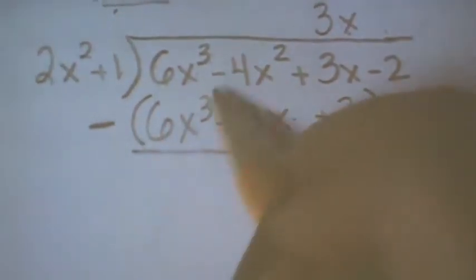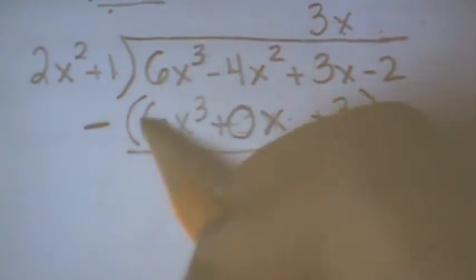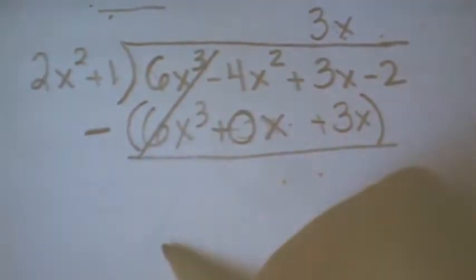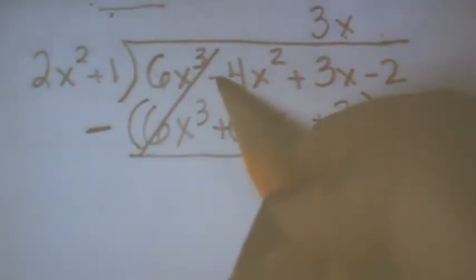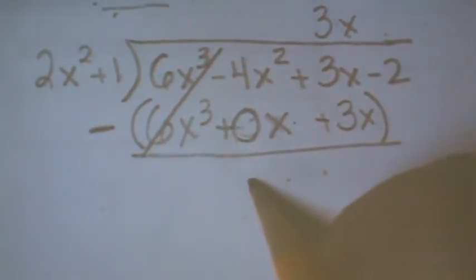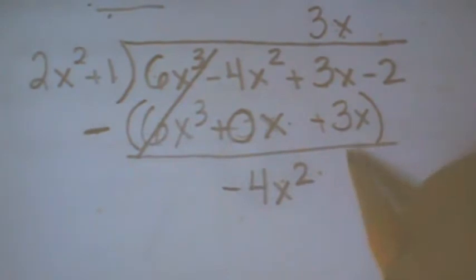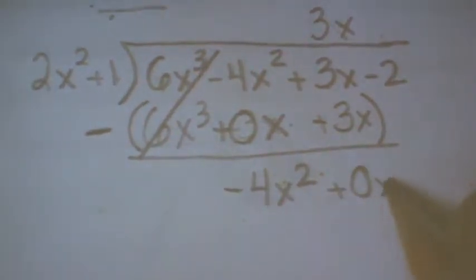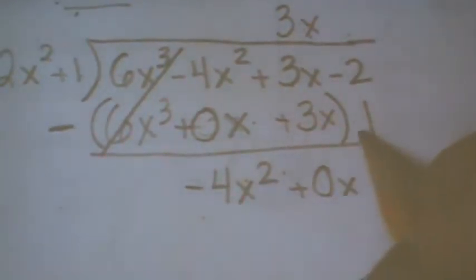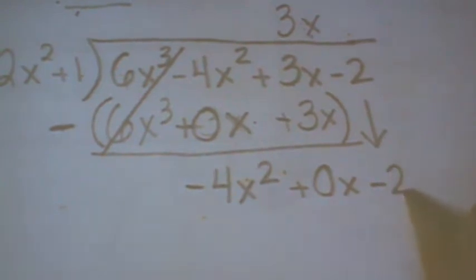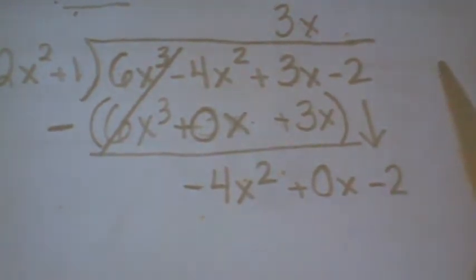You subtract them. So what's 6x cubed minus 6x cubed? Nothing, and that's what you want. What's negative 4x squared minus nothing? And what's 3x minus 3x? Nothing. Now you always bring the next term down, which is a negative 2.